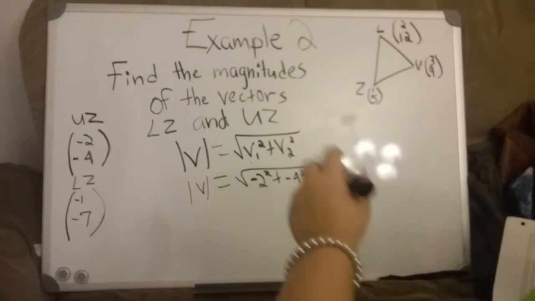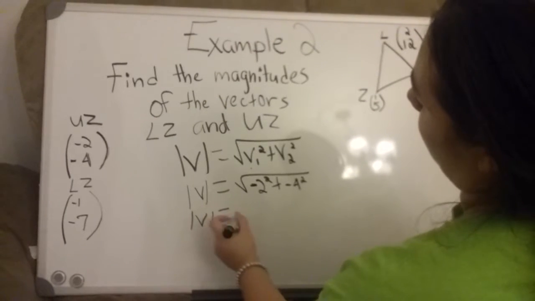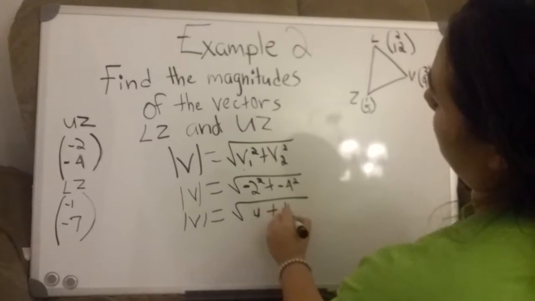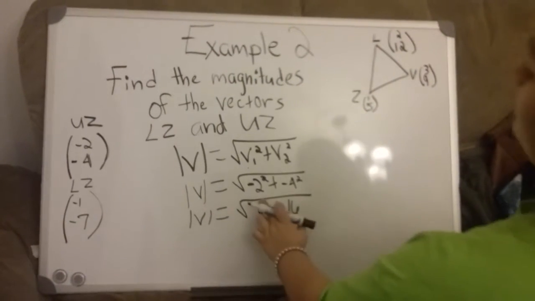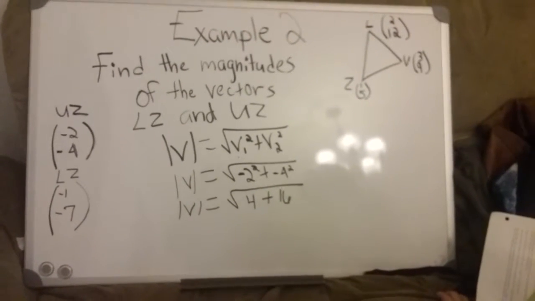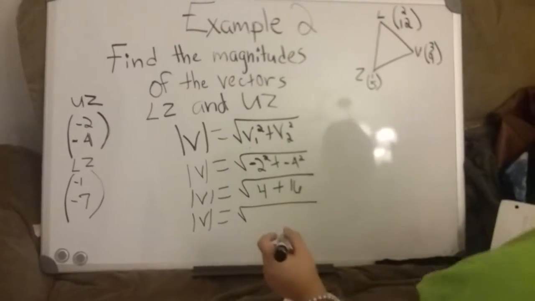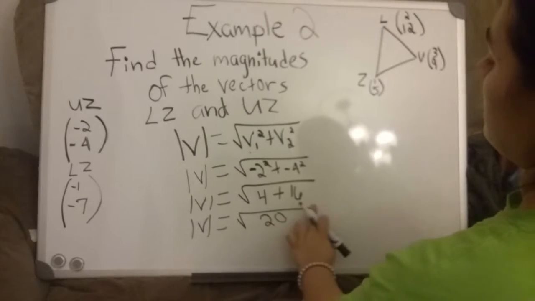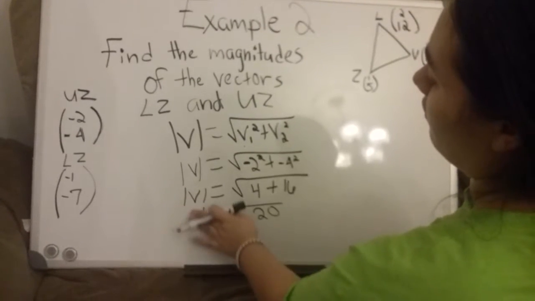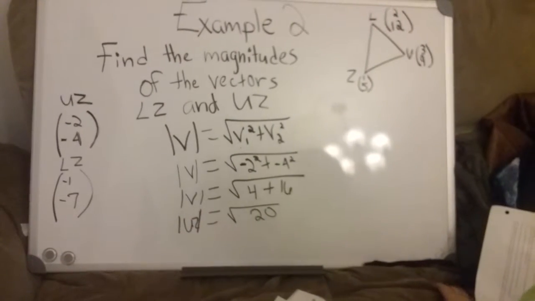Since a negative times a negative is always a positive, we have the square root of 4 plus 16, which is the square root of 20. So the magnitude of vector UZ is the square root of 20.